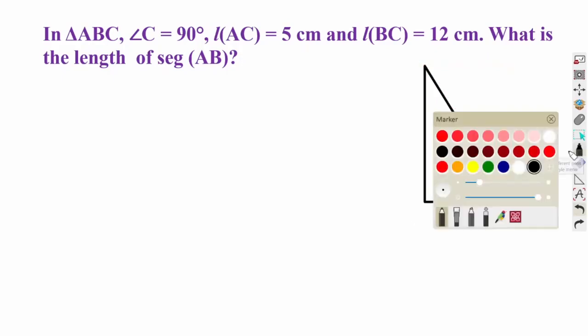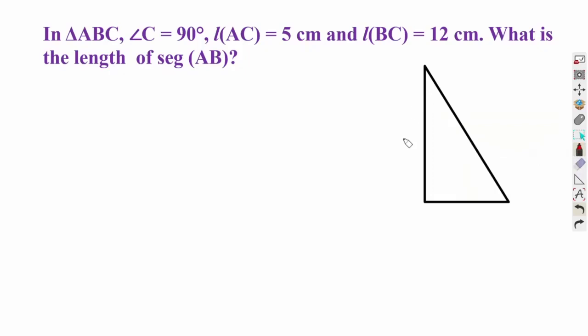Now let the triangle be named ABC, where C is 90, that means C must be here. This is 90 degrees. Length of AC is 5 centimeter. Length of BC is 12 centimeter. What is the length of segment AB? That is the question.